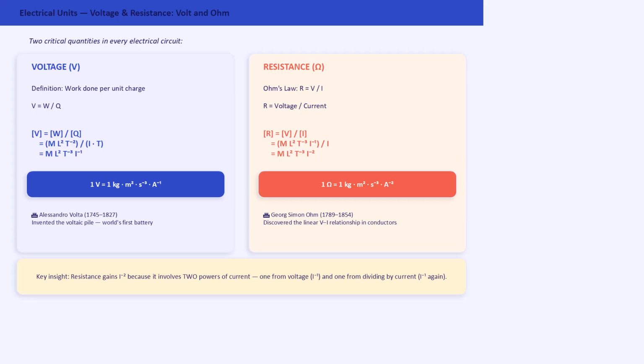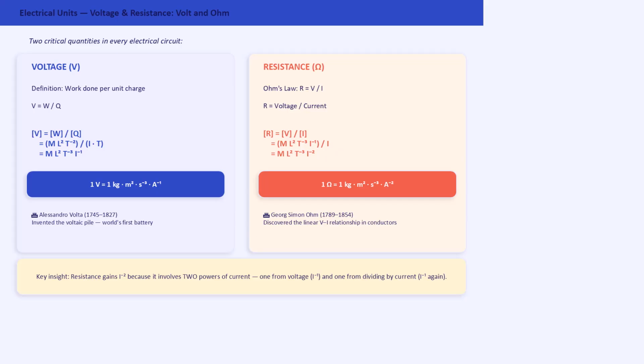Dividing mL squared T to the minus 2 by IT gives mL squared T to the minus 3 I to the minus 1. 1 volt in base SI units is therefore 1 kilogram meter squared per second cubed per ampere. Notice the appearance of I to the minus 1. Voltage is inversely proportional to current for a given amount of energy.